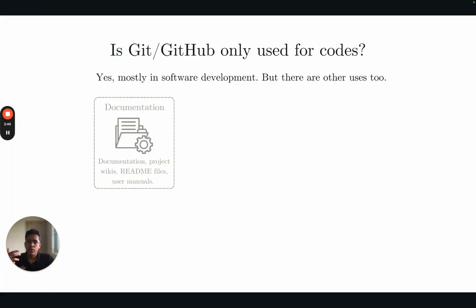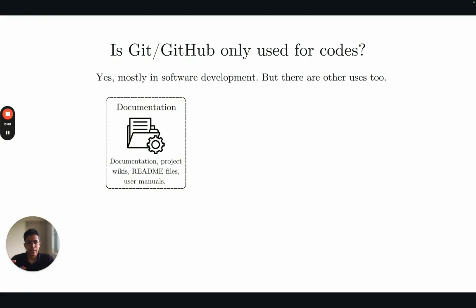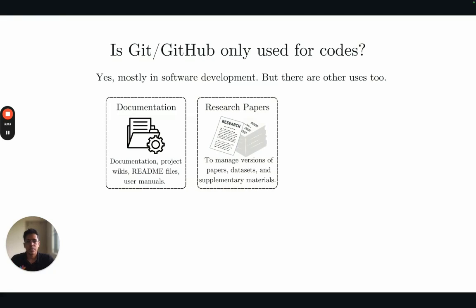But there are many other uses of GitHub. For example, documentation. GitHub is a great way to create project wikis, README files, let's say SOPs, standard operating procedures for experiments. Many things can be documented in a very nice manner where you keep track of newer and newer versions.